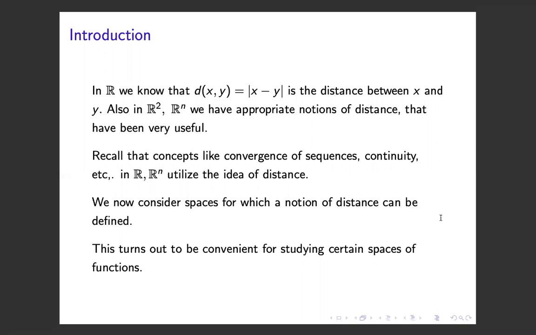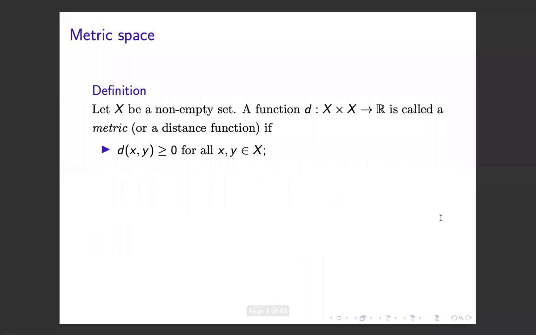Okay, now let's get to the definition of what is meant by a metric space. Some of you might already be familiar with it, but still. The distance is a function, meaning we can talk about distance between two points in that space. Let X be a non-empty set.